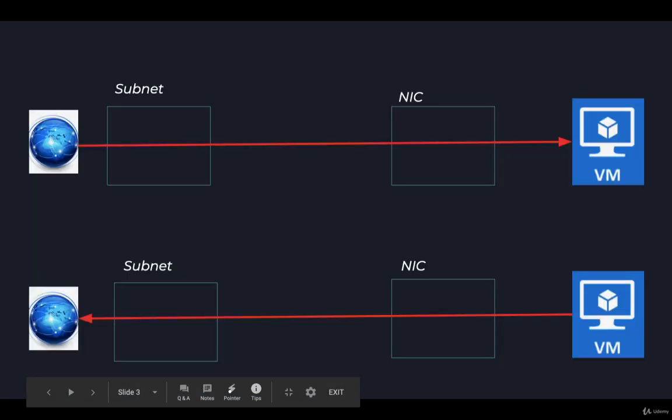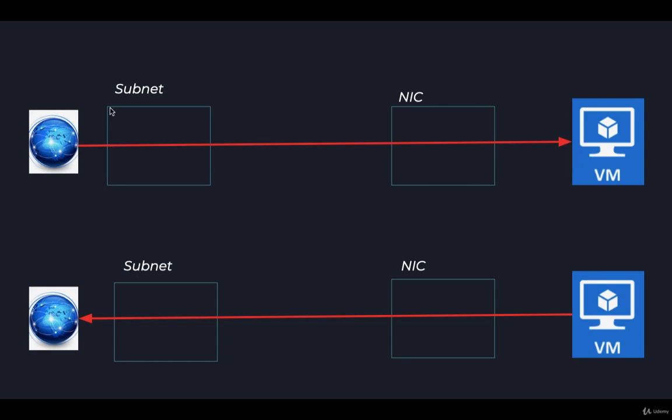In Azure, the first thing we have is the virtual network. If traffic comes from the internet, an inbound traffic to a VM, it will first hit at the subnet level and then at the network interface card level, or NIC level. So if you have an NSG at the subnet level, it will be evaluated first for inbound traffic, and then it will go to the NSG at the NIC level.